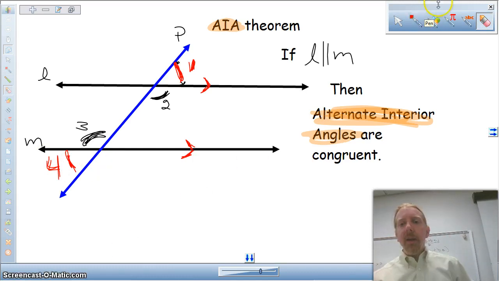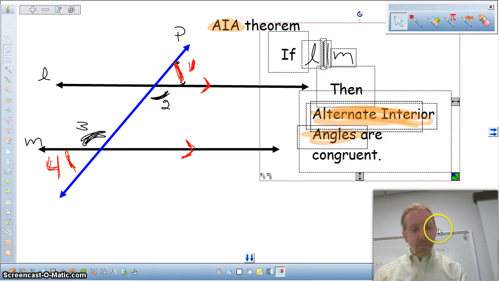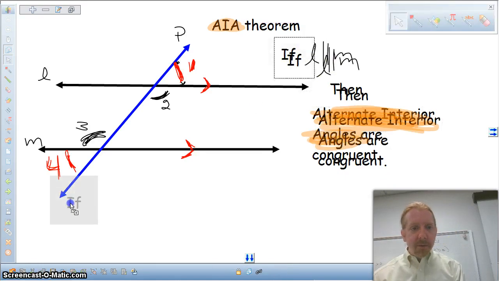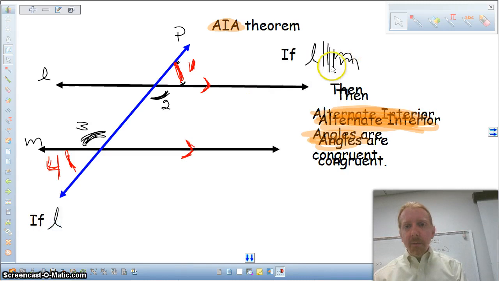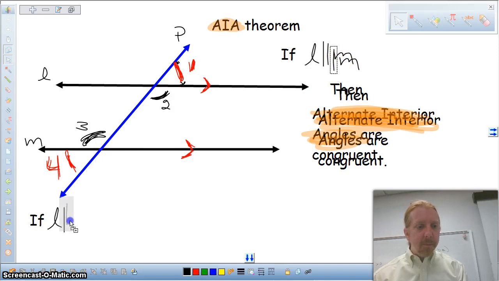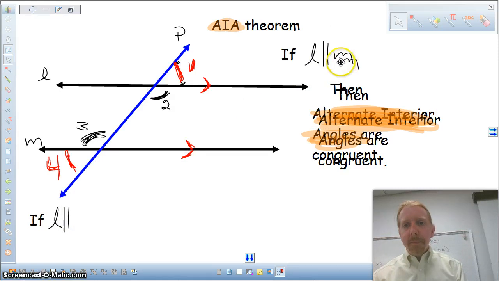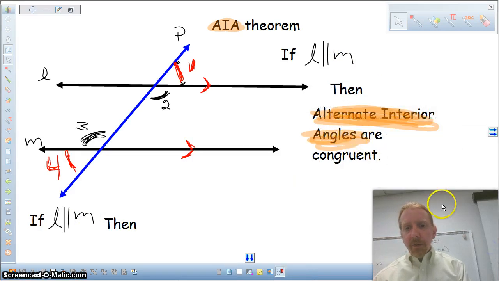There we go. This one says that if the two lines are parallel, so if L is parallel to M, then, now this time we're not talking about alternate interior angles.